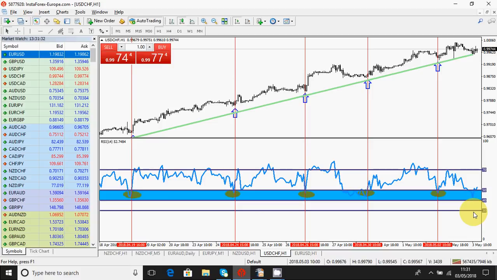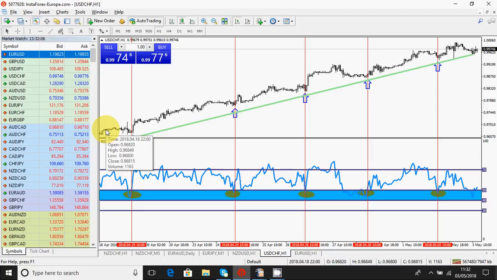Good. So I'm now in my charts. This is USD CHF, which is the US dollar and Swiss franc. It's a 1 hour chart. This is the current price today. This is where we're actually at, this is the live market. We have seen that this pair has been in a long uptrend for the last 2 weeks.